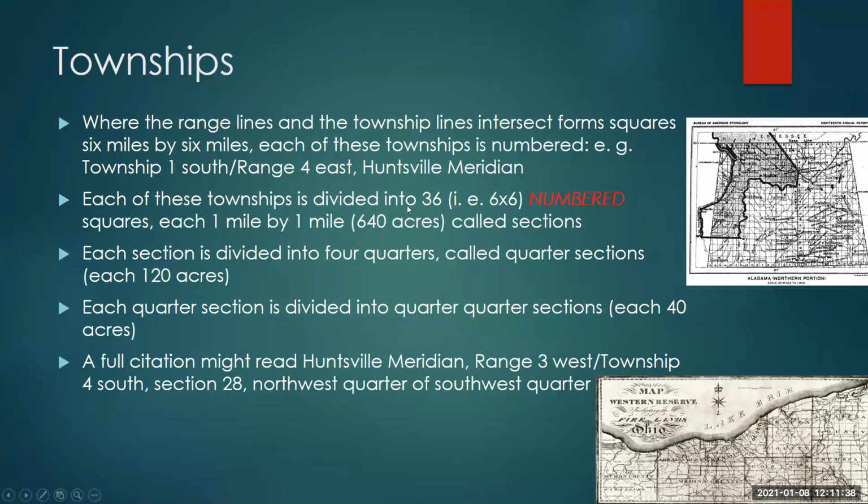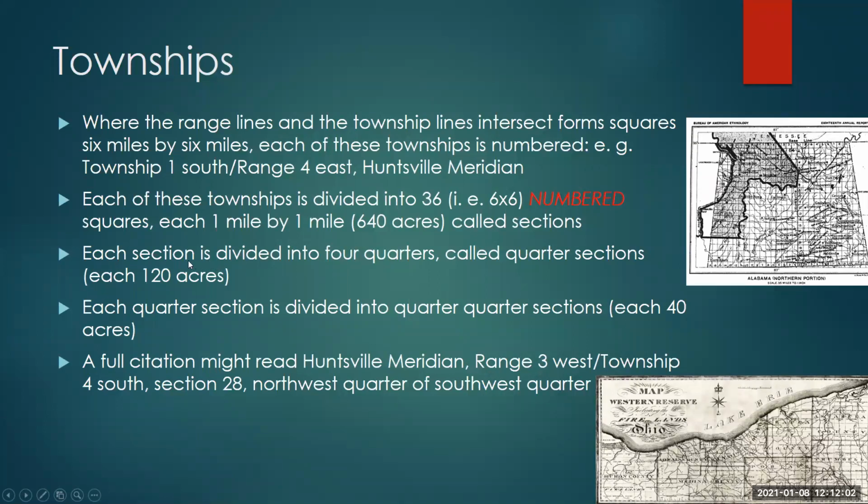Each of these townships is then divided into 36 numbered squares. Each square is 1 mile by 1 mile, and each of these squares is therefore 640 acres. And each of these 36 squares that make up one township is called a section. And as I say, each section has a number.